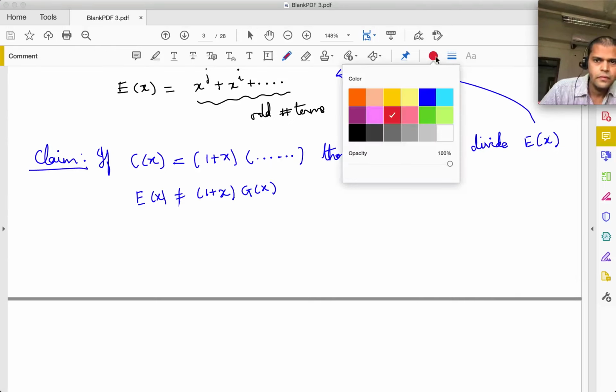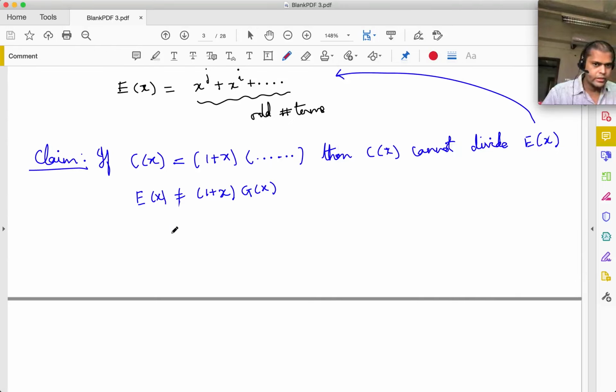Suppose I take 1 1 0 1 1 1 0, and let's say I have 0 1 0 0 1 1 0 0 1. So this is my G bit string. Of course for g of x I would write it as a polynomial, but I'm just writing it in bit form like this.